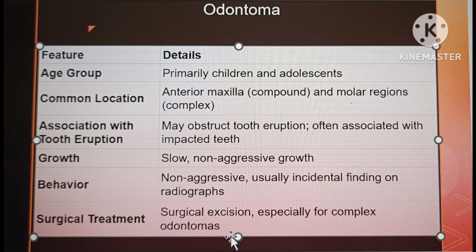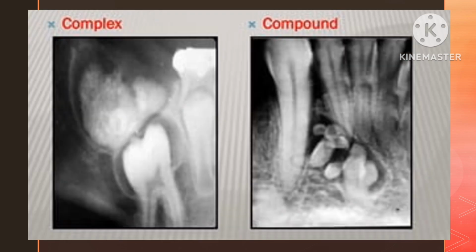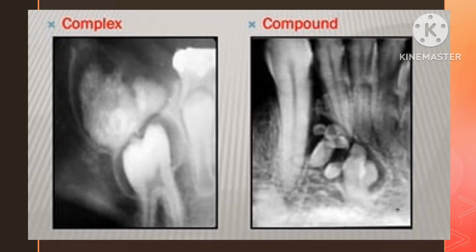It is made up of tissue which is native to teeth: enamel, dentine, cementum or pulp, and it is characterized by very slow growth and non-aggressive behavior. They are often discovered incidentally on radiographs. Two subtypes of odontomas are the compound odontoma and the complex odontoma.